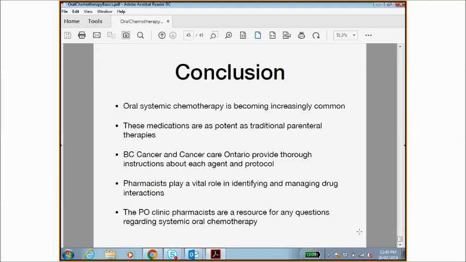How long are people on the oral chemo agents? Does it depend on the type of cancer? It does, yeah. Some people, would you say, are there lifetime ones? The metastatic ones are usually until their disease progresses or they have toxicity. Yeah, the majority of them.